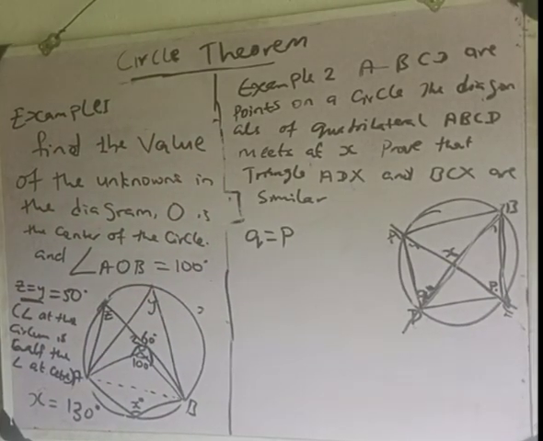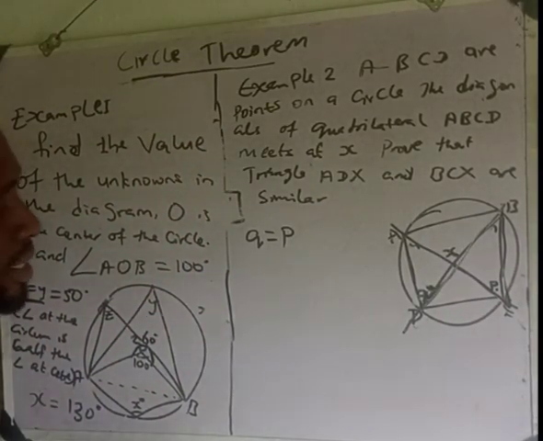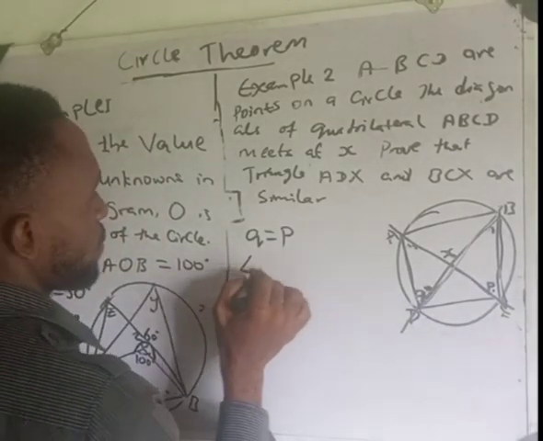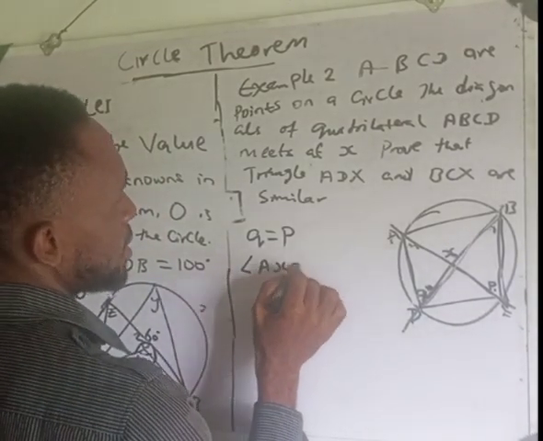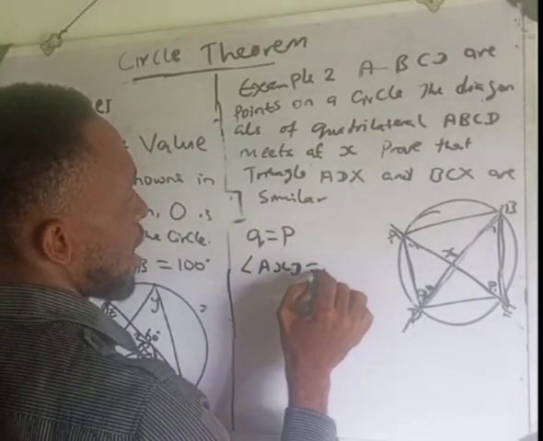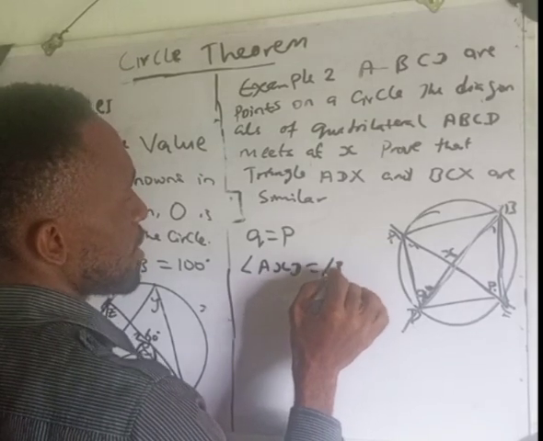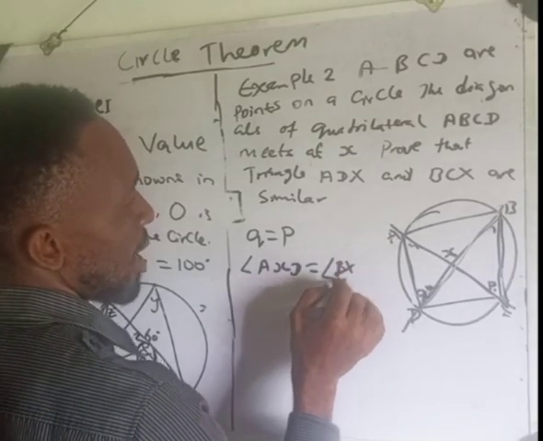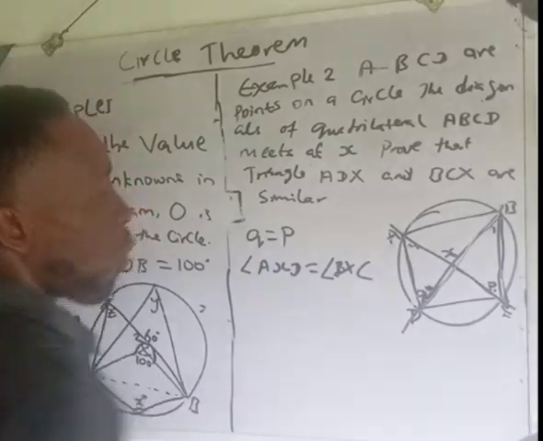Is that okay? Now we also have that angle AXD is equal to angle BXC. Why?